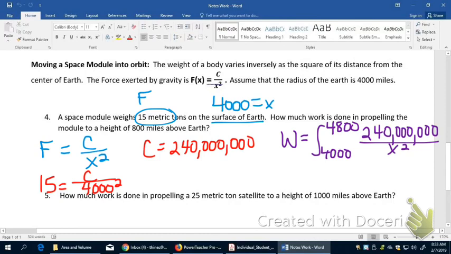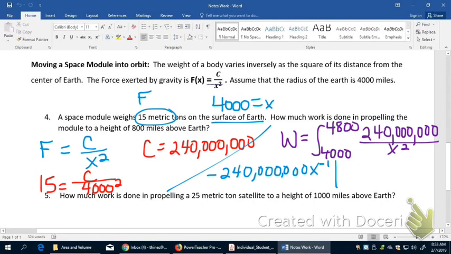Although the antiderivative is a little bit more complicated, I do believe that you can still do it. Think of it as 240 million x to the negative 2. So add 1 and divide by it, and you would get negative 240 million x to the negative 1, and that's what you evaluate at 4,800 and 4,000.